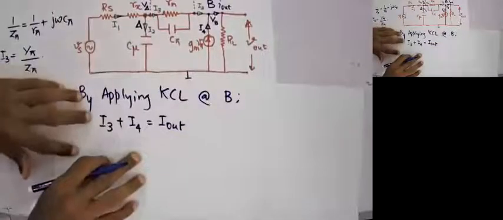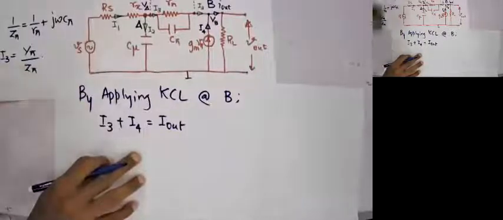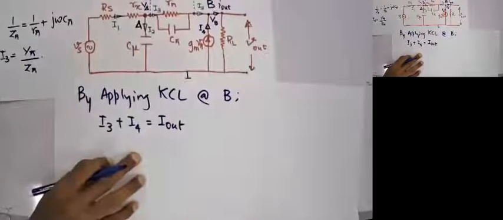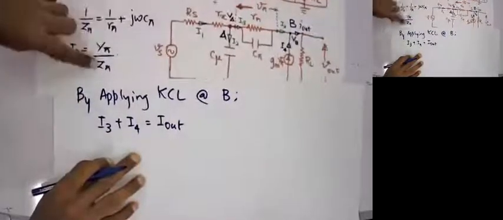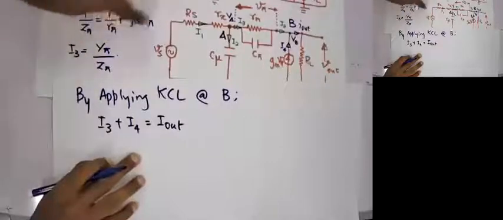I just put the equal sign on the other side, right? So here I4 is Gm into V pi directly, right? I3 is V pi into C pi, which is this one.